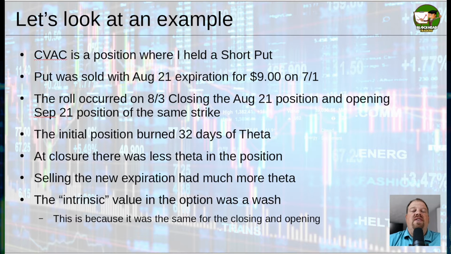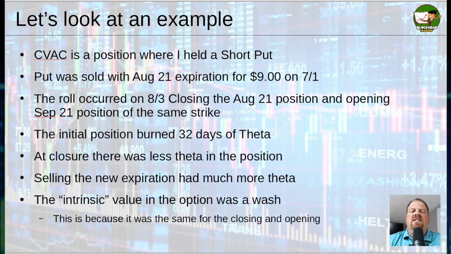So when you look at the numbers, you might think it was bad because it cost more to close that August position. But you have to remember that a chunk of that increased cost is really due to the intrinsic value, and I got all that money back when I sold the September expiration.